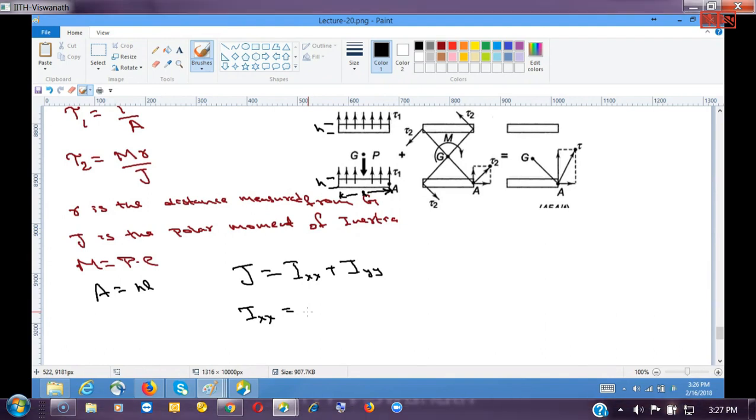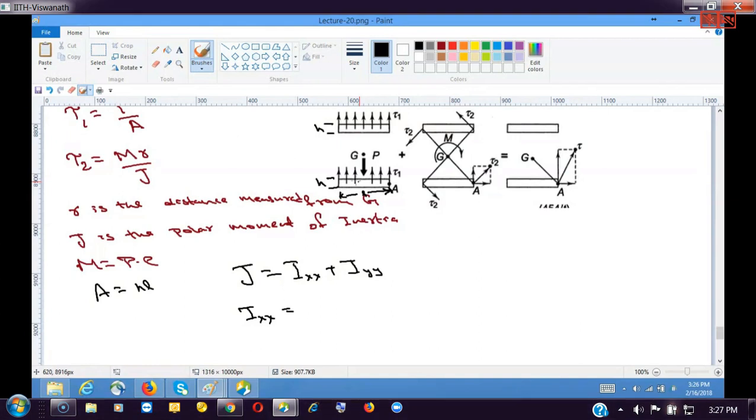So Ixx is h cube L by 12, and Iyy is hL cube by 12. Because h is much less than L, Ixx is much less than Iyy. So in these cases, we approximate J as close to Iyy, that is hL cube by 12.